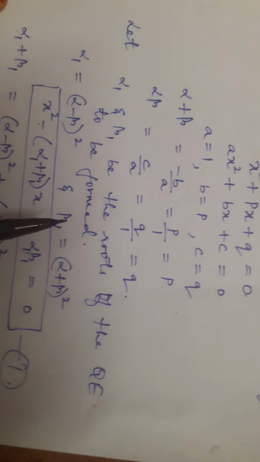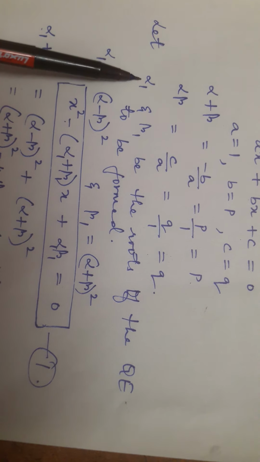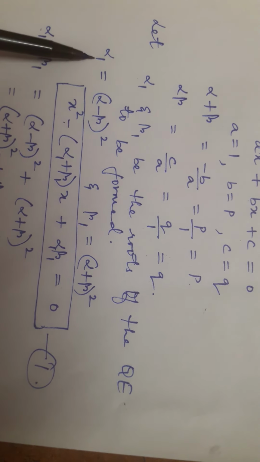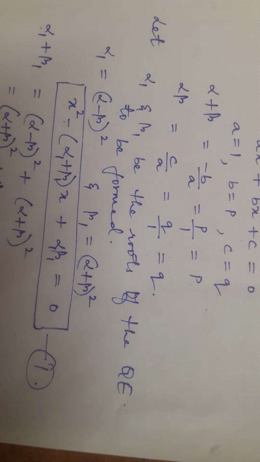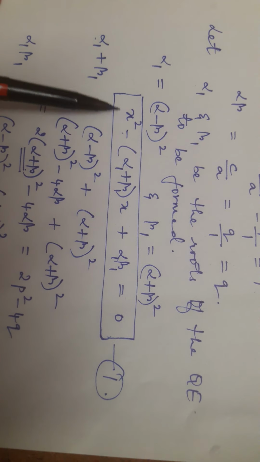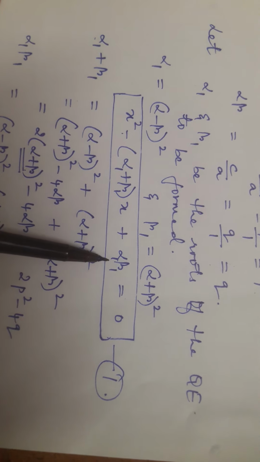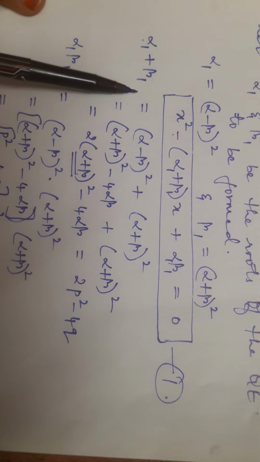We have to form a new equation, so for the new equation we are taking the roots as alpha 1 and beta 1. He already gave us alpha 1 equal to alpha minus beta whole square and beta 1 equal to alpha plus beta whole square. So to form an equation, the formula is x square minus of alpha 1 plus beta 1 into x plus alpha 1 beta 1 equal to 0. So we are finding the sum of the roots.